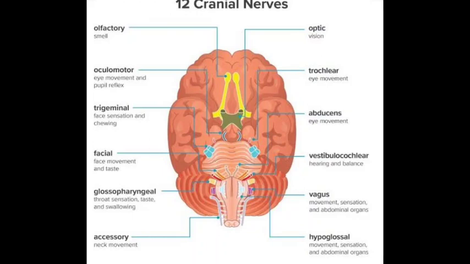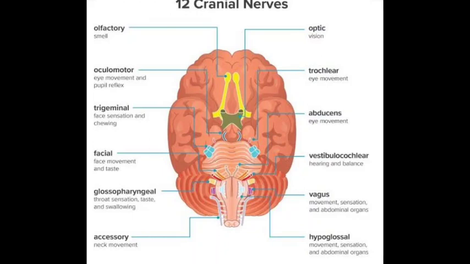Next one is accessory, it gives the neck movement. Hypoglossal, it is giving the messages regarding the movement, sensation and abdominal organs. Next one is vagus, that gives the information regarding the movement, sensation and abdominal organs.